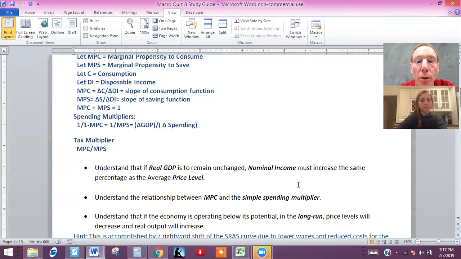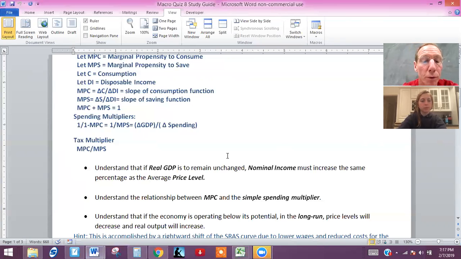The point they're getting at is that if the average price level goes up in the economy, the only way to maintain the same real GDP, the same real output, is if nominal income goes up by the same percentage as the average price level. Now, I don't want you to just memorize that. I want you to understand what's actually going on.